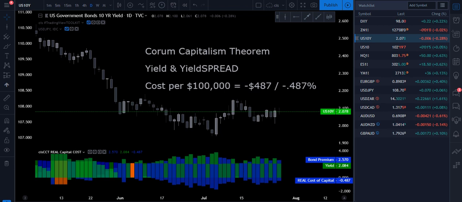So the cost per $100,000 is negative $487, or negative 0.487%. In basic economics, this translates to being paid a discount on the yield of $487 per $100,000.